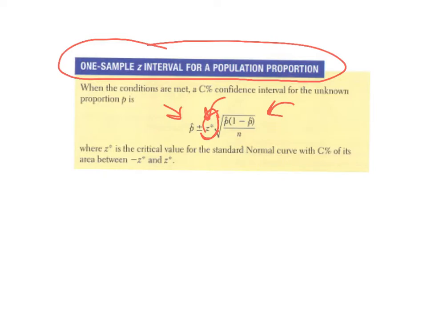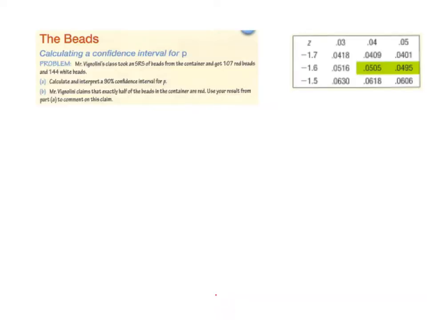Okay, so let's look at an example to calculate this. We're back to the problem with the beads in the sample from class. Mr. Vignolini's class took an SRS of beads from the container and got 107 red beads and 144 white beads. Remember, this is the same example we had before.